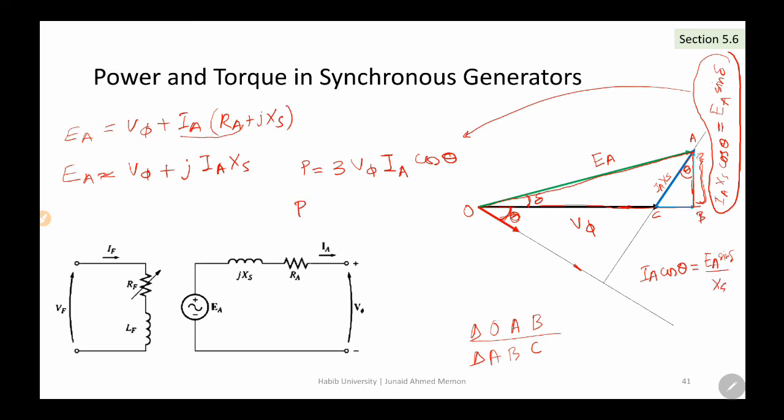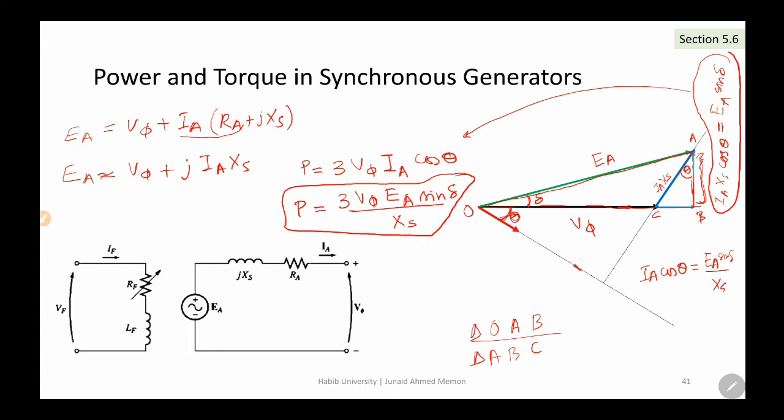So P, the power output of the machine, is equal to 3 times V phase times EA sine sigma divided by XS.